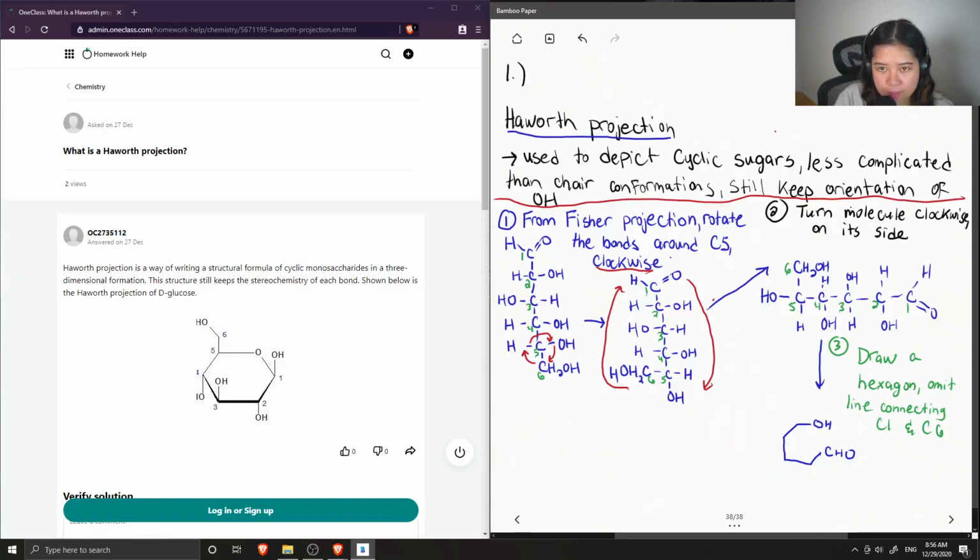But then step 4 is to just add all of the OH groups and CH2 groups with the same orientations.